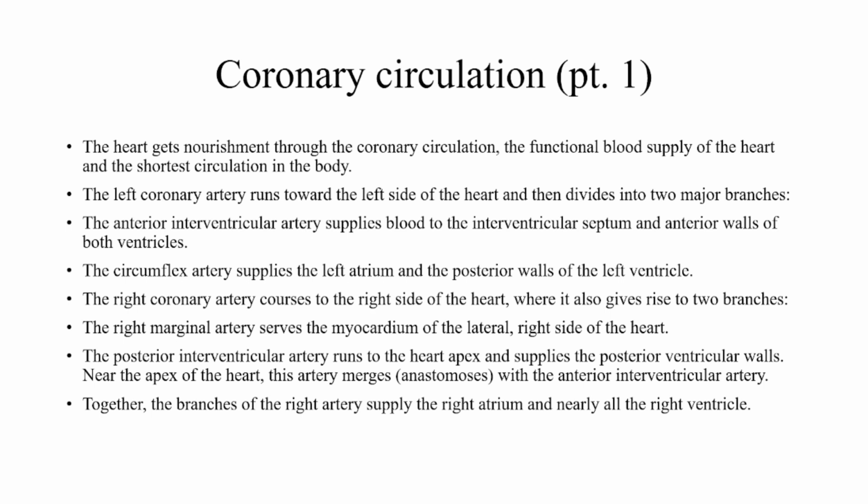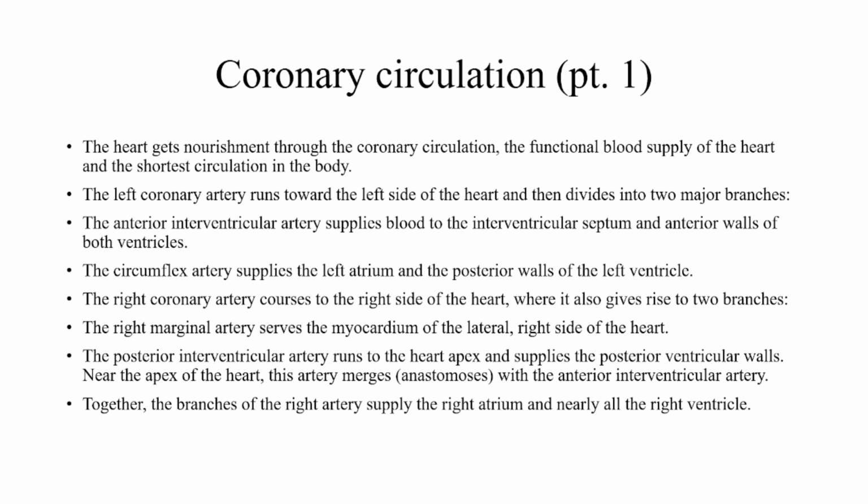The right coronary artery courses to the right side of the heart, where it also gives rise to two branches, like the left one does. Its two branches are called the right marginal artery, which serves the myocardium of the lateral right side of the heart, and the posterior interventricular artery.